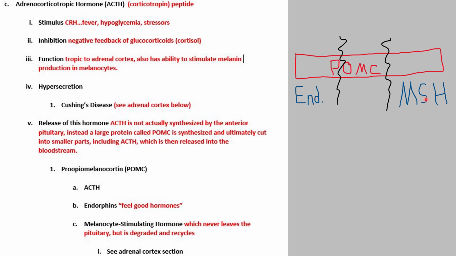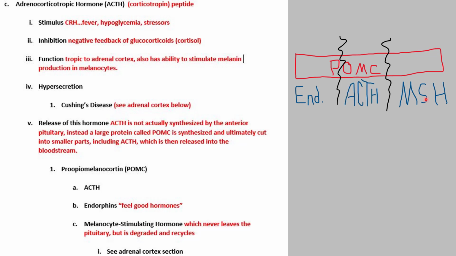And as that DNA damage occurs, keratinocytes release MSH, melanocyte stimulating hormone. That tells the melanocytes to start making melanin faster. As melanin builds up, it causes a tan, which blocks further ultraviolet radiation damage.